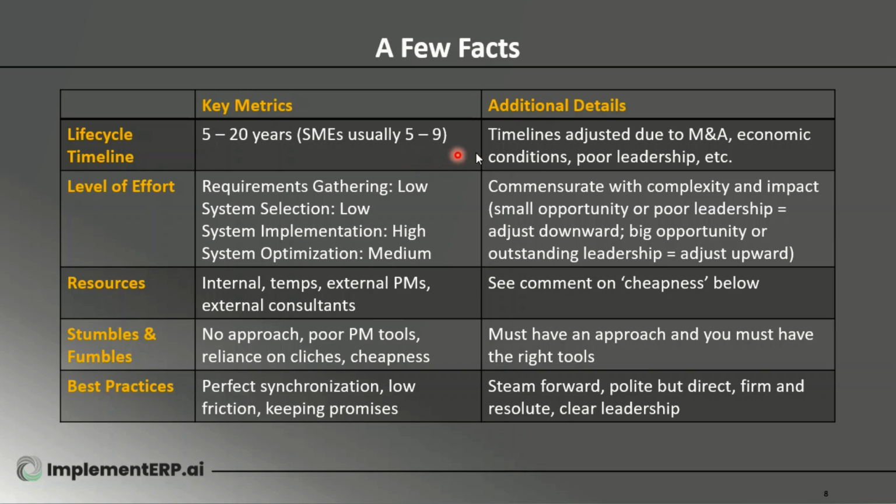Okay. So, what are the factors that cause those timelines to change or be higher or lower? Well, if you purchase a company, if you were purchased, those might accelerate timelines. If there's an economic cycle that's not favorable, that might extend timelines. So the time, for example, between activities.